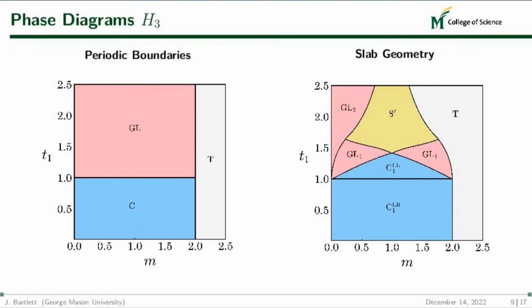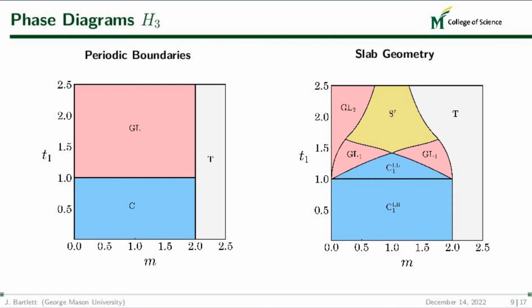So just right off the bat, we see that these two phase diagrams are drastically different. Now, in the Hermitian case, with Hermitian topological insulators, these two phase diagrams would be identical due to the bulk boundary correspondence, or bulk edge correspondence. So there is this breakdown of the bulk edge correspondence going on.